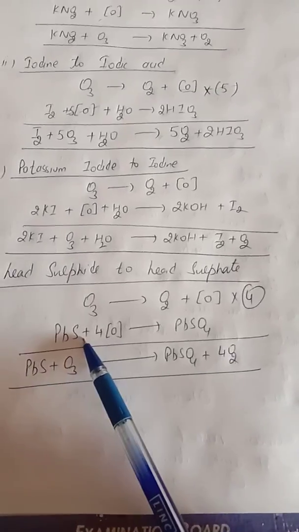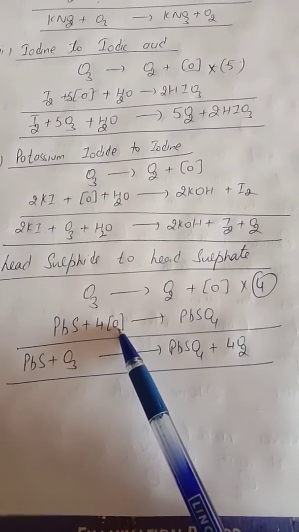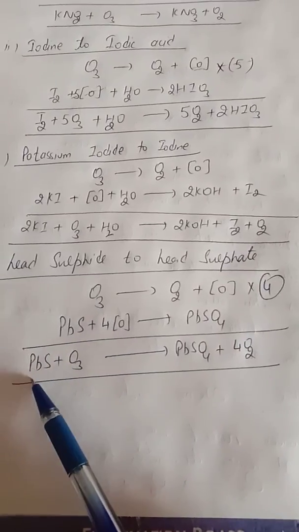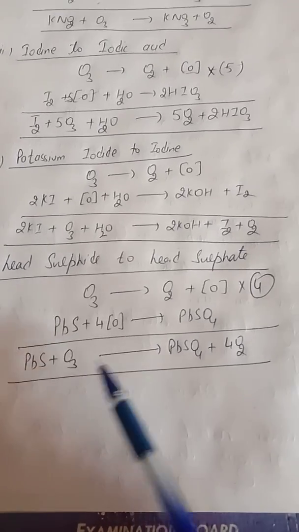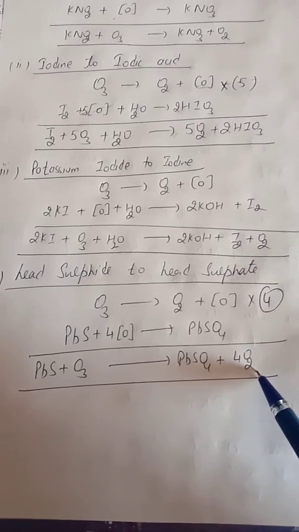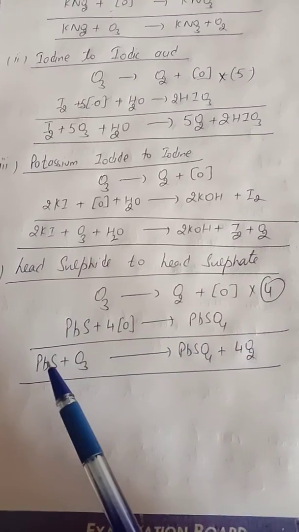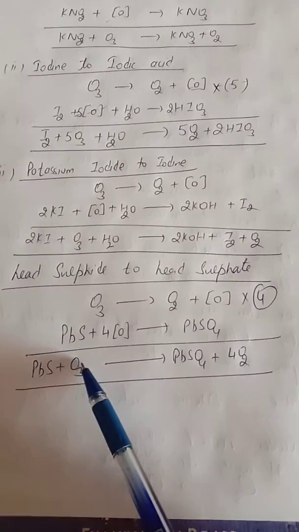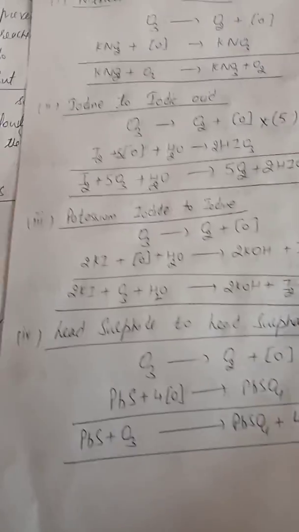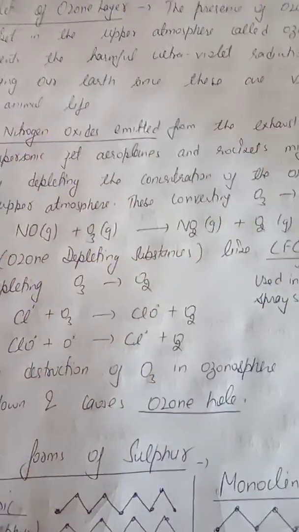Similarly, lead sulfide combined with nascent oxygen gives us lead sulfate. So the overall reaction is lead sulfide plus ozone to give us lead sulfate plus oxygen. Sorry, I think I spoke wrong earlier. So this much is all about ozone.